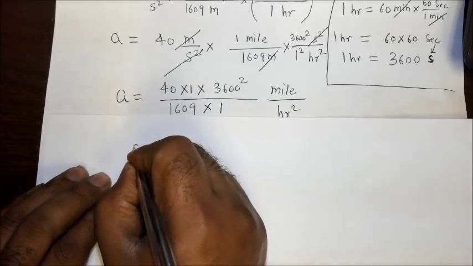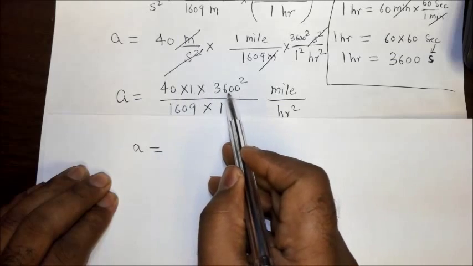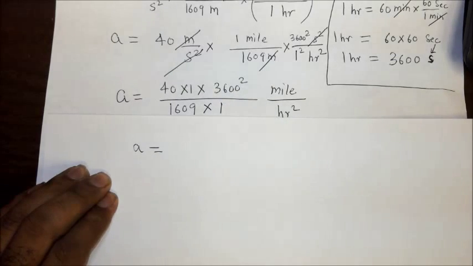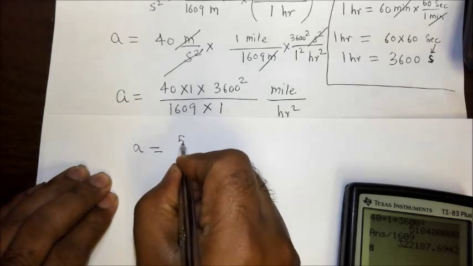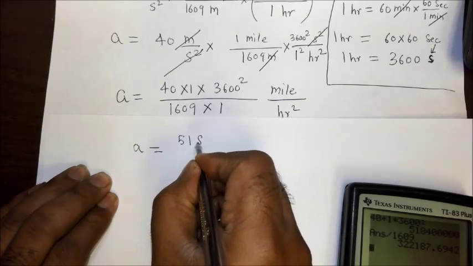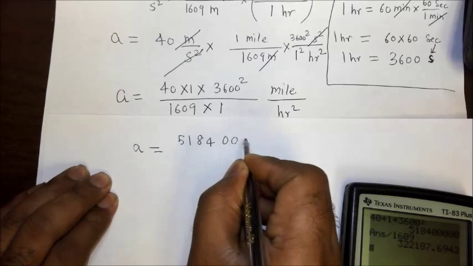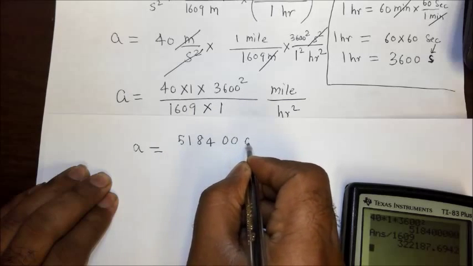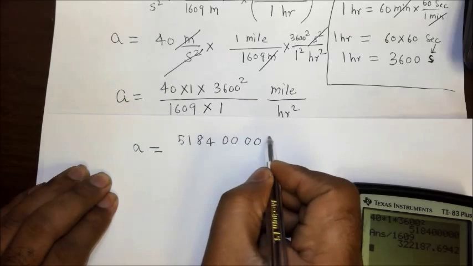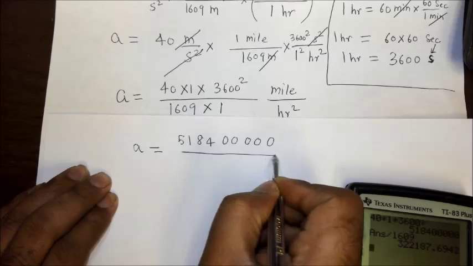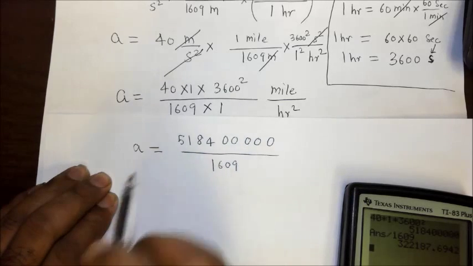So the acceleration A, if we multiply all these numbers on the top, we get a number 518400000 divided by 1609 mile per hour square.